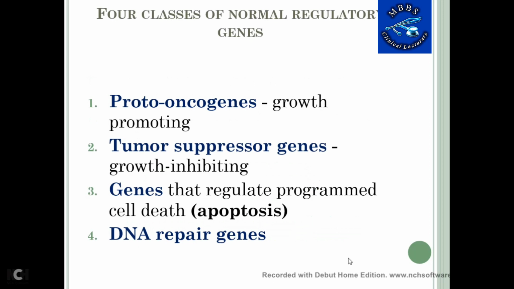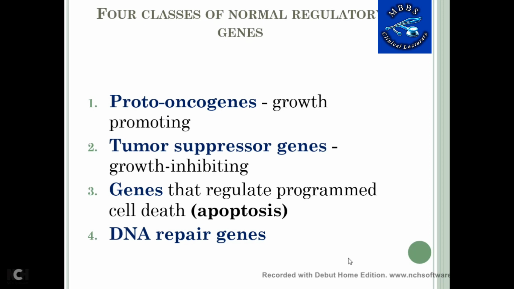Now, 4 classes of normal regulatory genes occur. The one is the proto-oncogene, that is the growth promoting genes. The second is the tumor suppressor gene, which is the growth inhibiting gene. Then there are genes that regulate the programmed cell death, that is apoptosis. You have a good amount of knowledge regarding apoptosis.